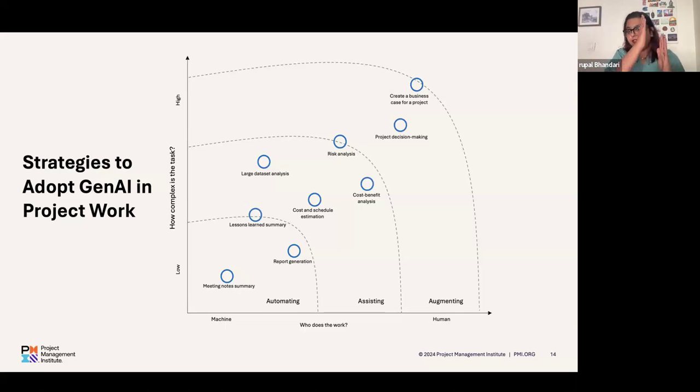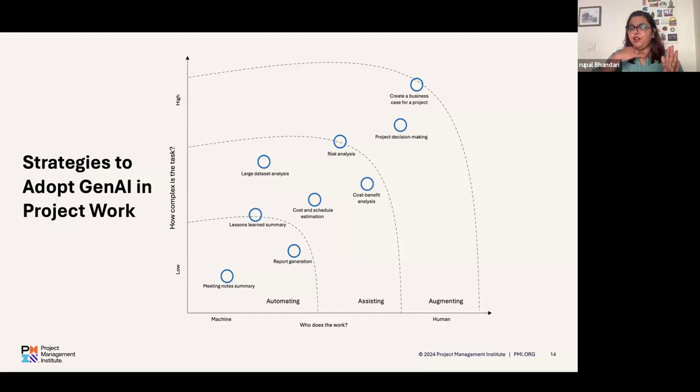As you see the x-axis and the y-axis, the x-axis is about machine and human. So the further you get from the center, the more human level the task becomes. As you can see, taking meeting notes is something that can be automated, but creating a business case for a project is very human, right? You have to have a very high human involvement there.